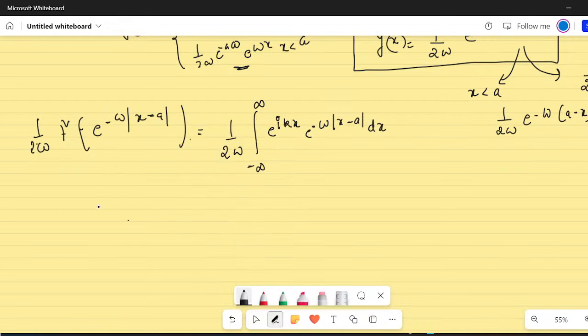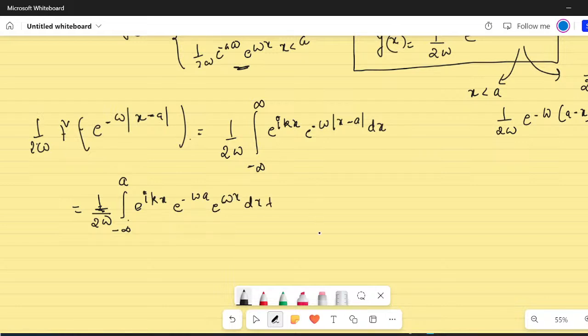There is 1 upon 2 omega. One part I'm breaking from minus infinity to a. This will be e to the power iota k x, and for all x less than a, e to the power omega x, times e to the power minus omega a, dx.